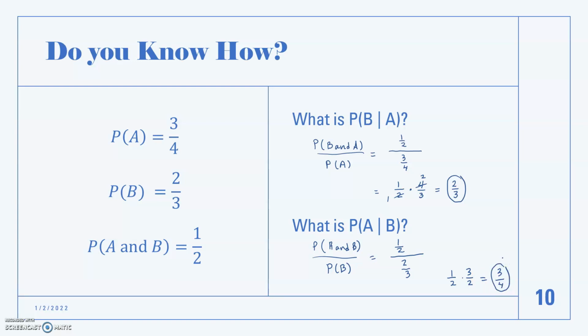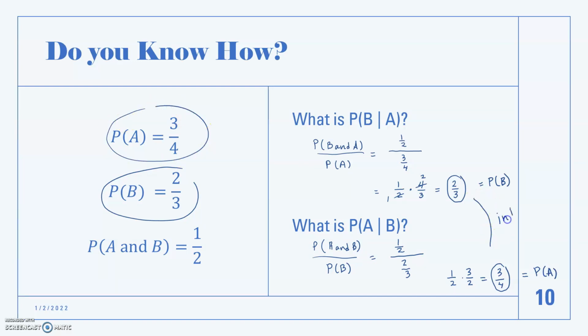So what I also notice about this is that this is an independent event, because the probability of B given A is equal to the regular probability of B, and the probability of A given B is equal to the regular probability of A. I didn't ask you that question, but it's always good to be thinking about these things.